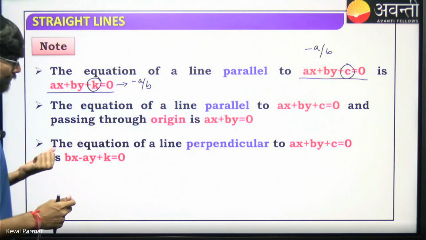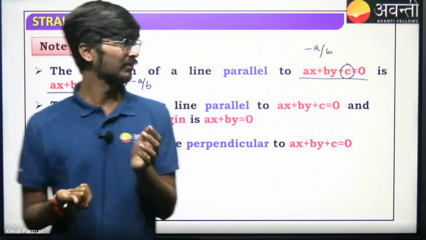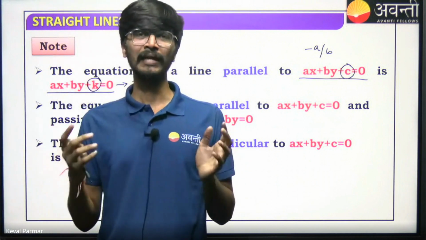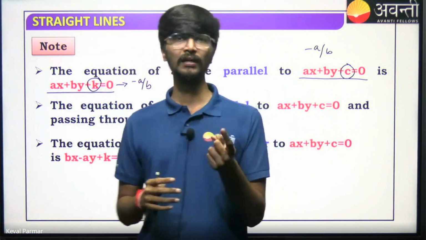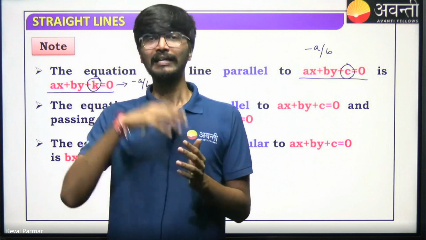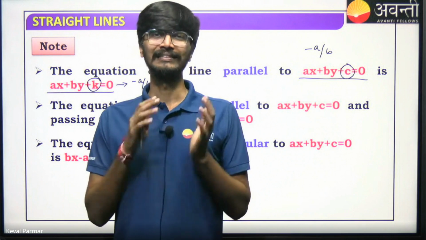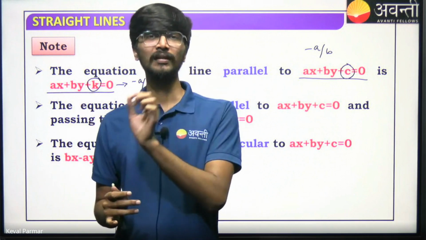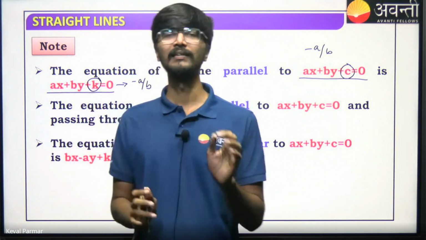Similarly, if the line passes through origin, now this is a very important thing to note. Not only in case of a line, but in case of any curve you can plot. After this, we'll do circle, parabola, ellipse, hyperbola. If you have heard of those, then if any curve passes through origin, that is 0 comma 0, there will be no constant term in its equation.